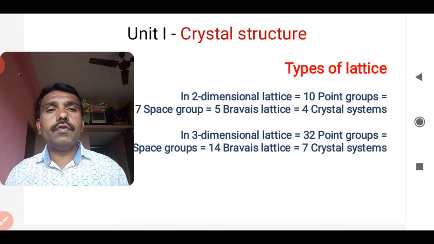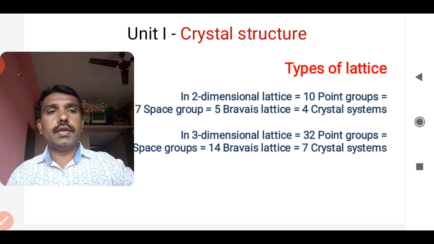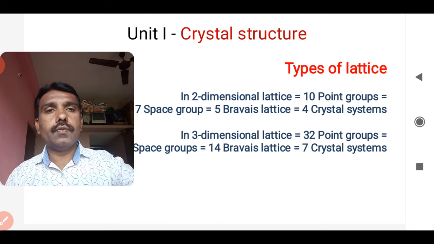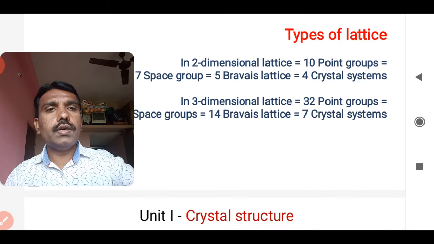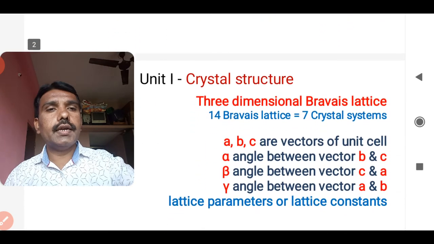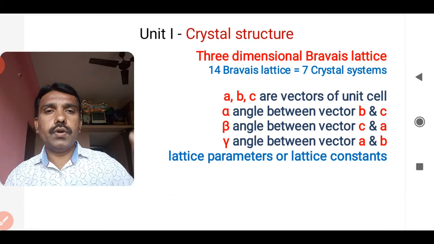Now today we will see the three-dimensional Bravais lattices, and to understand this case, what it contains is a very important factor.